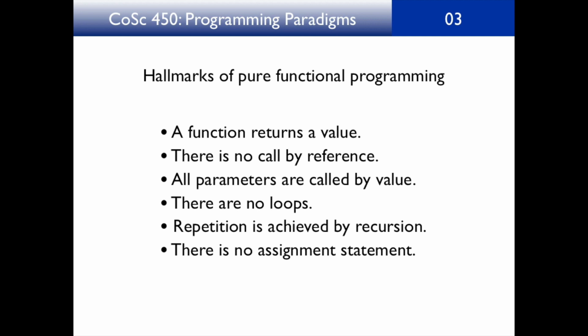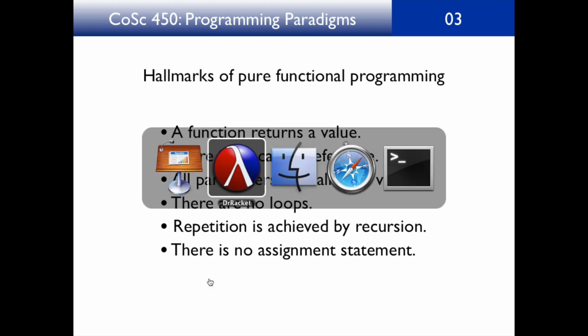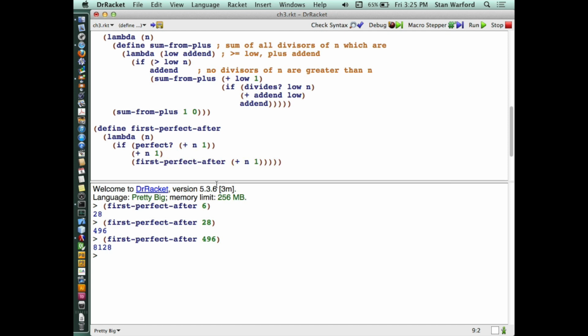Look here. If we come back to first perfect after, what do you notice? Do you notice something that is kind of inefficient here? Making the odd numbers. Well, that's inefficient too. But what about just the code itself, without any math insight? Do you see anything that's kind of inefficient?